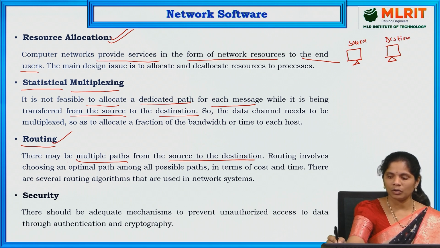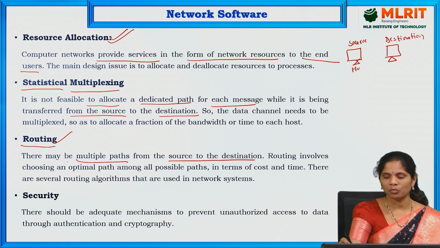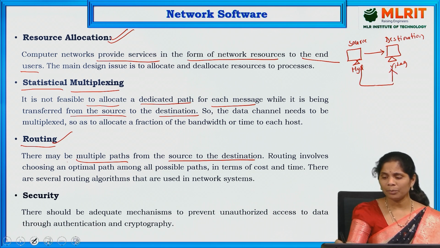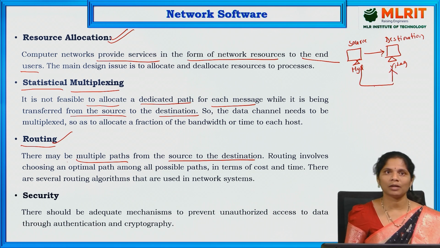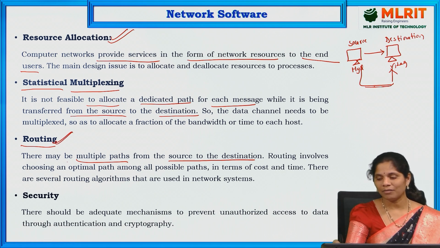If I want to reach from Hyderabad to Vizag, this is one route and this is also another route to reach that particular place. Multiple paths are there to reach that place. That is nothing but routing. Exactly which path we have to select to reach that destination, that is nothing but routing.